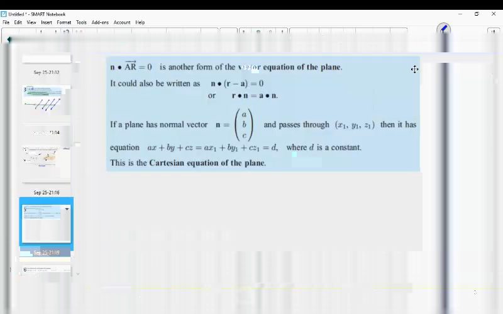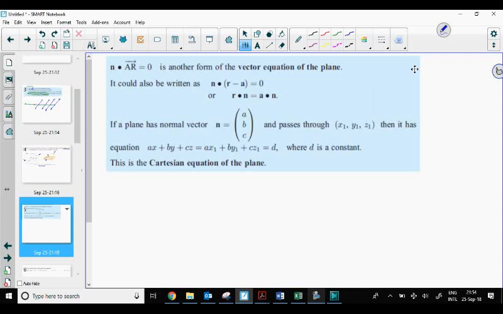So here's that information again. I'll repeat, A, B, and C are known numbers. An example of the Cartesian equation of a plane might be something like 3x plus 2y minus 4z is equal to 6. Some of you might be looking at that and saying, hang on, that looks like it should be the equation of a line in 3D.